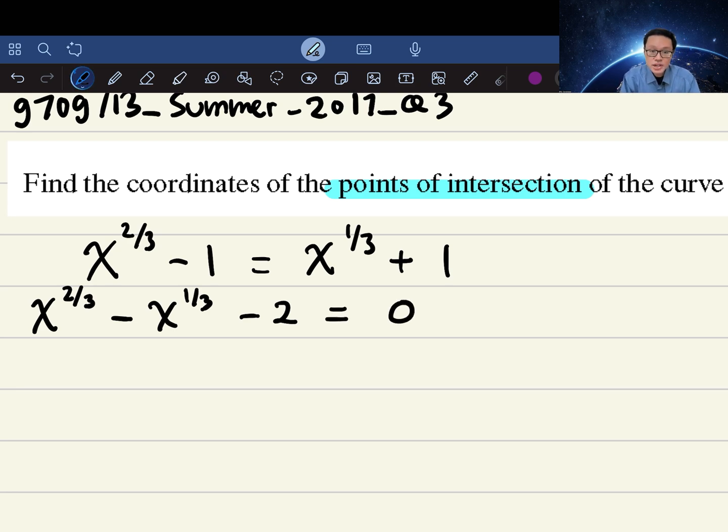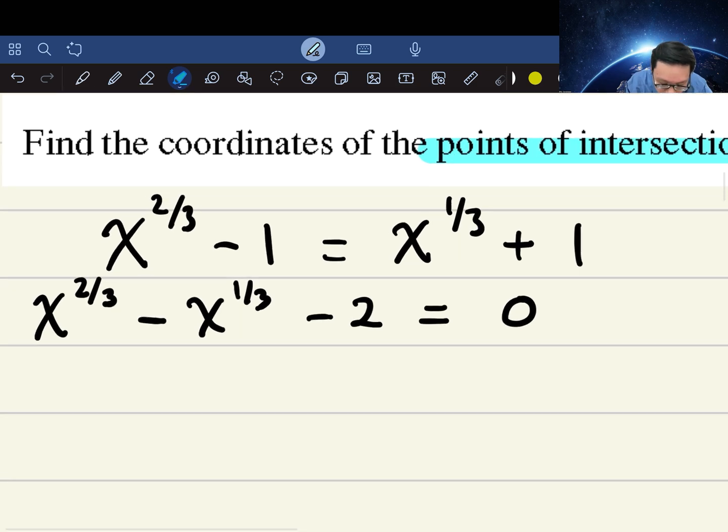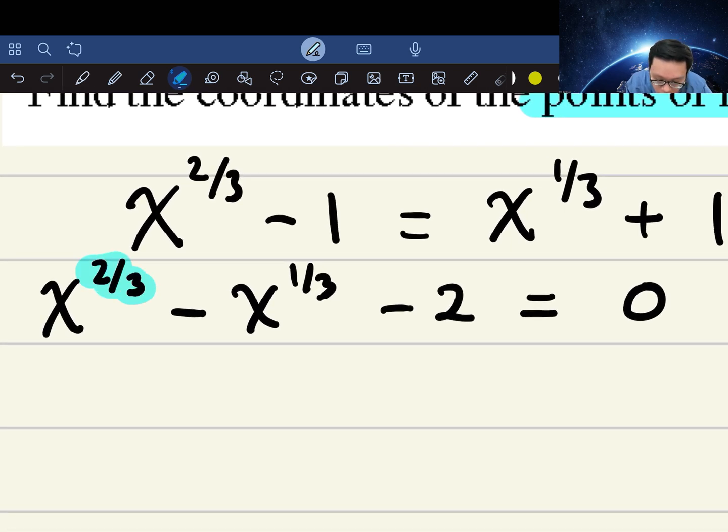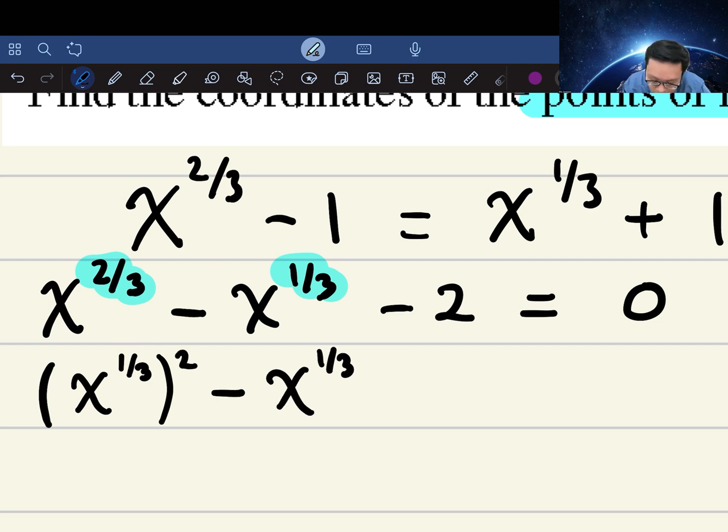If you look at this equation, it doesn't look like a quadratic equation, but if you pay attention to the powers, we have the power of 2/3 and the power of 1/3. We can rewrite the equation as (x^(1/3)) squared minus x^(1/3) minus 2 equals 0.